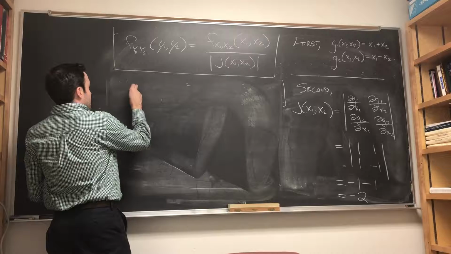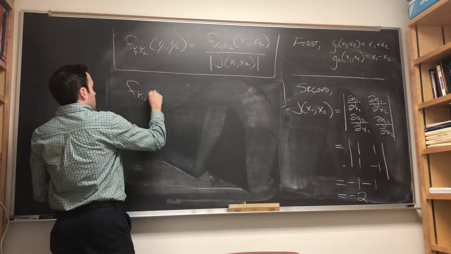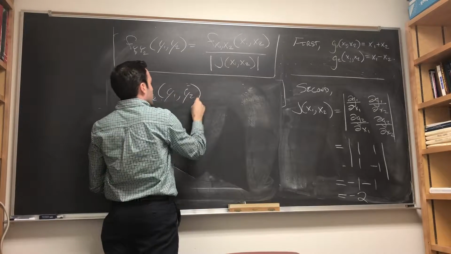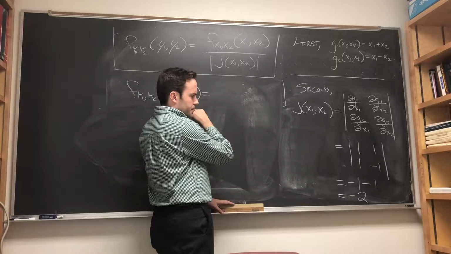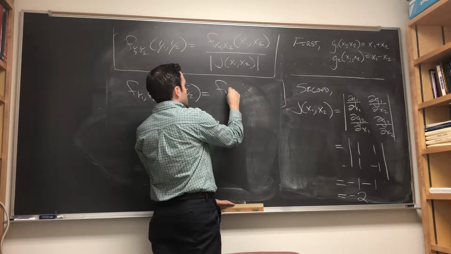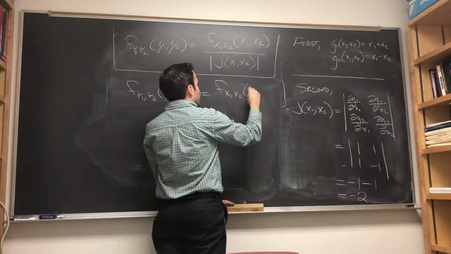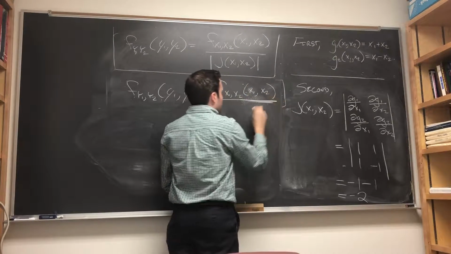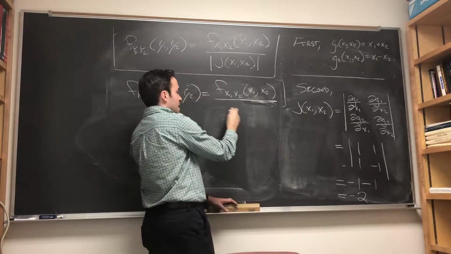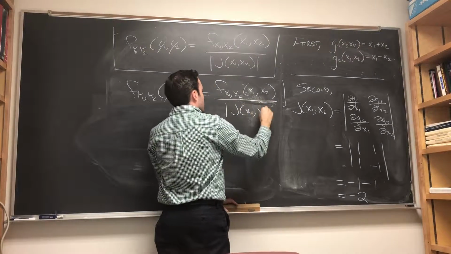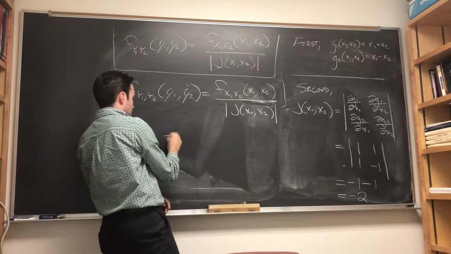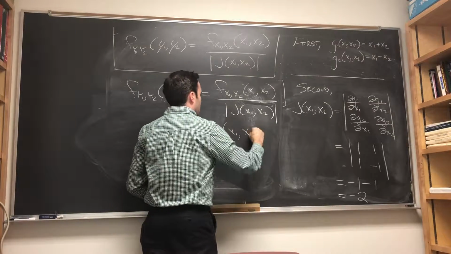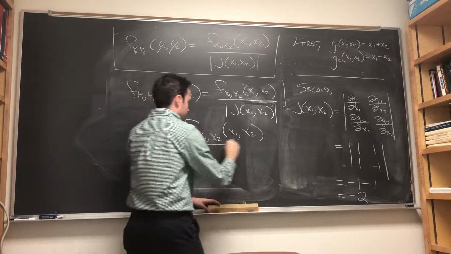And what we can finally say is that f sub y1, y2 of y1, y2 is going to be the original joint PDF f of x1, x2 of x1, x2, divided by the absolute value of that Jacobian. And so this is exactly the original PDF just divided by 2.